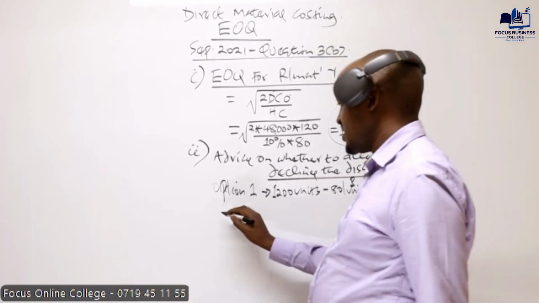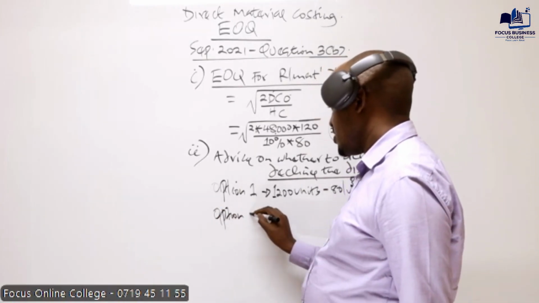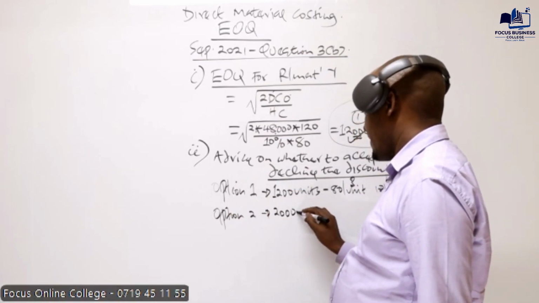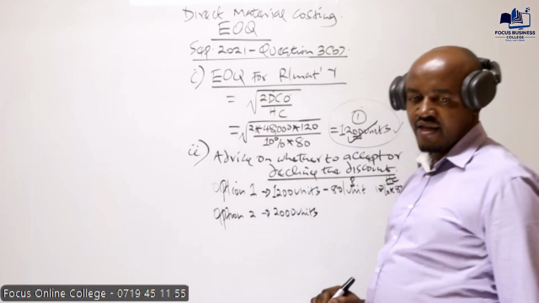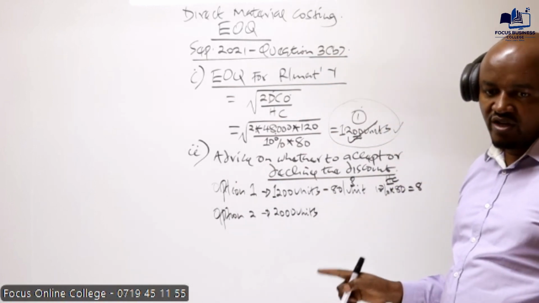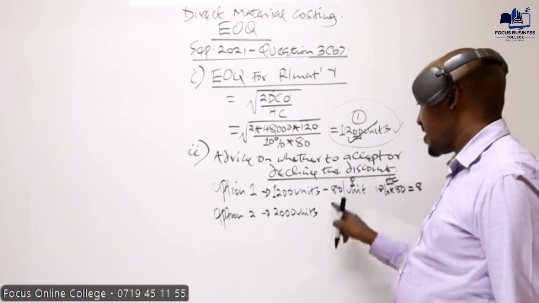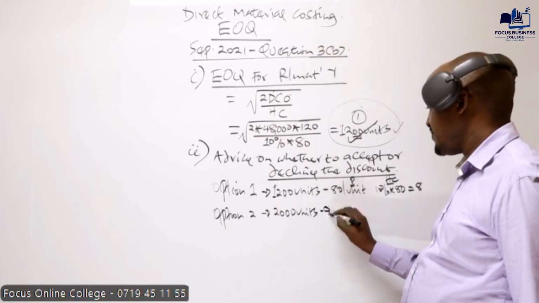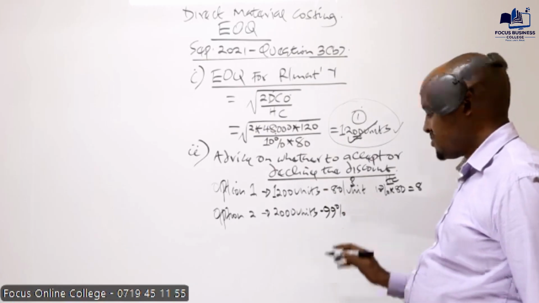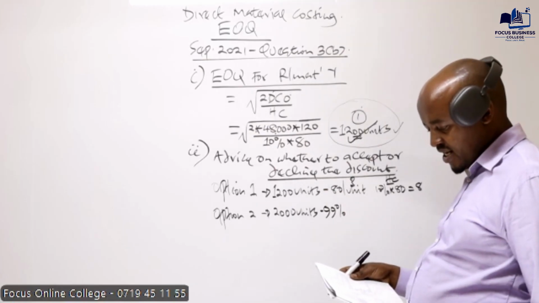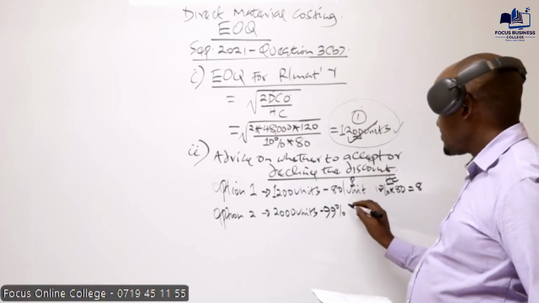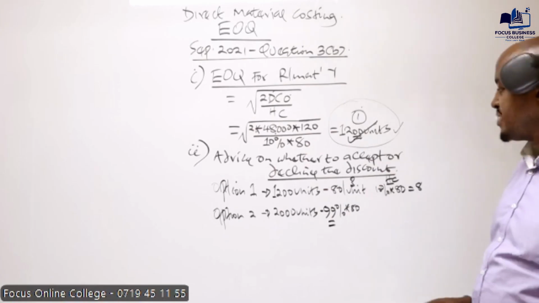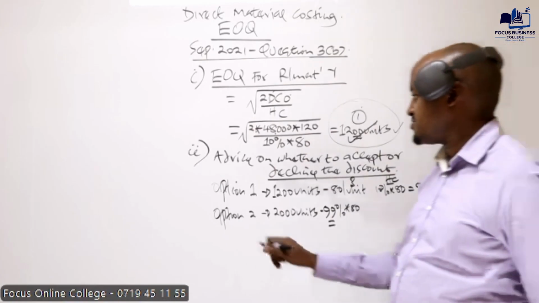Option 2: the company has been given an option to order 2,000 units and qualify for the 1% discount. The company will not pay 80 shillings per unit, but 99% of the purchase price of 80, because it is a 1% discount.